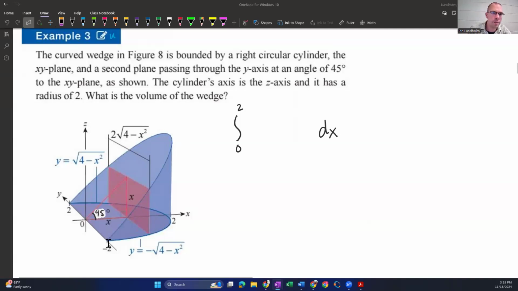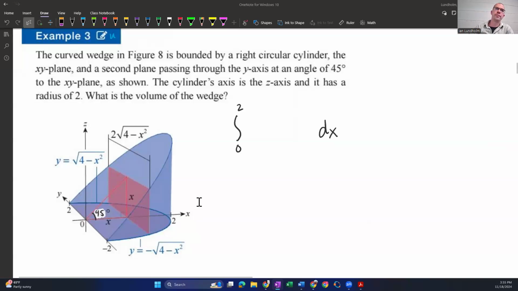And then you need to do the bottom portion, y equals negative square root of 4 minus x squared. So you get the negative version on bottom. And then you would be taking the difference between those to get this distance. So it's the top minus the bottom function gives you 2 times the top function, basically. That distance is just twice.